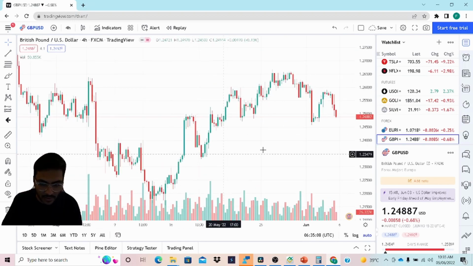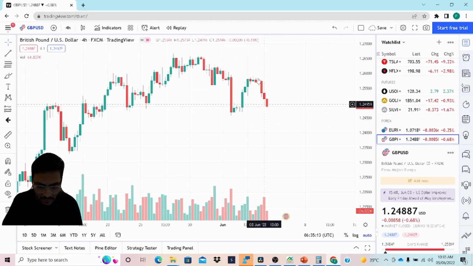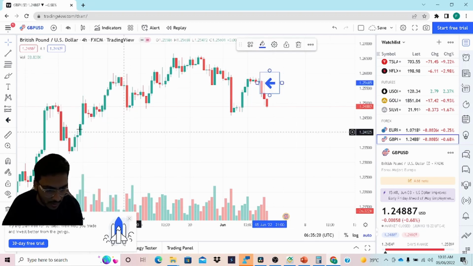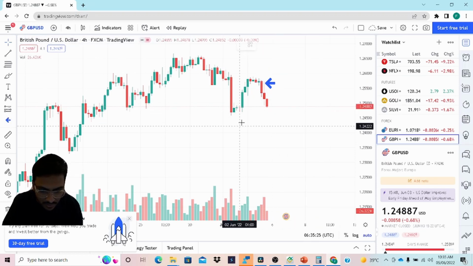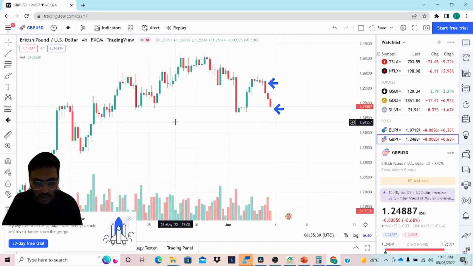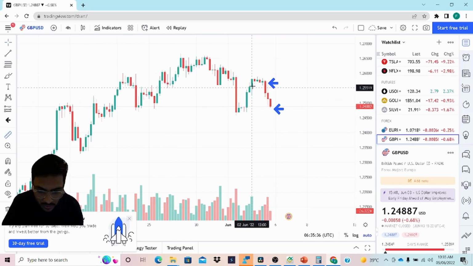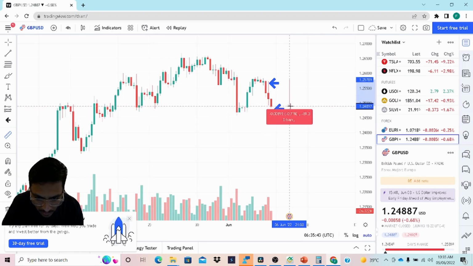Let's say the prices are falling from this level. So if you take a sell position from here and again buy at this level, in order to calculate what could be your profit, you can go to this ruler, from somewhere over here down to somewhere over here.